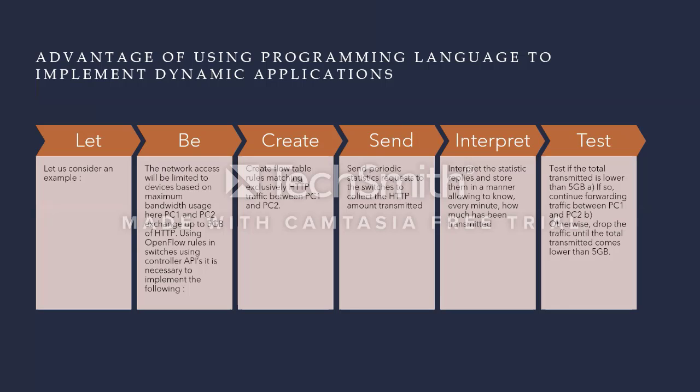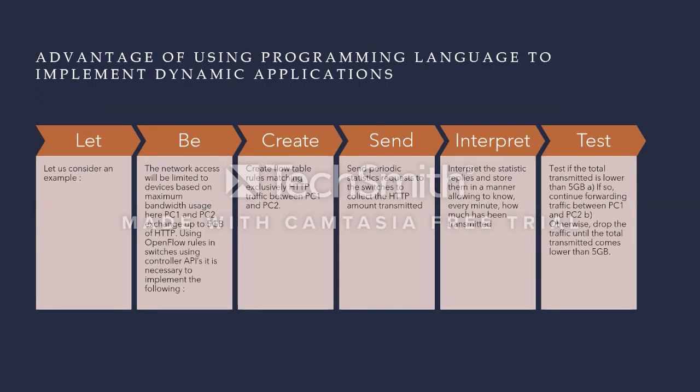The first one is it creates flow table rules that match exclusive HTTP traffic between PC1 and PC2. Then the next step, it sends periodic statistic report requests to the switches to collect the HTTP amount transmitted.